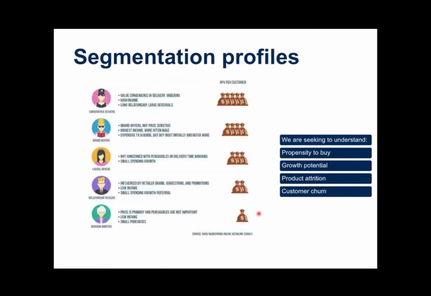Looking at another example, very common, looking at labeling the different segments, so convenience seekers or brand buyers or casual buyers, again, all with a different kind of profile of what defines that segment. And this data is going to be achieved through methods such as what I'm going to be sharing today that help us understand our customers and then effectively put them into appropriate buckets.